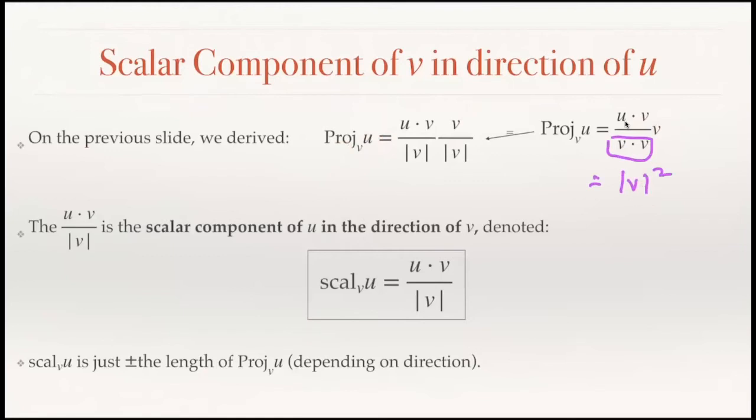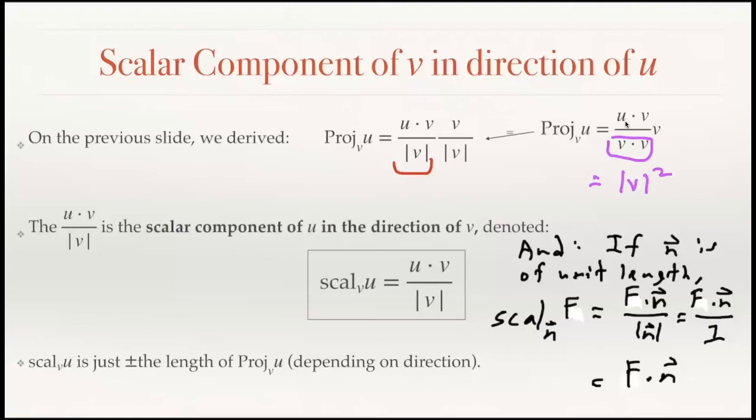We can break that up as magnitude of v times magnitude of v. So we have this, it's the same as this. And this guy here is called the scalar component of u in the direction of v, because it's the magnitude of the unit vector that's facing in the desired direction, with a minus sign if the angle between the 2 vectors was obtuse.